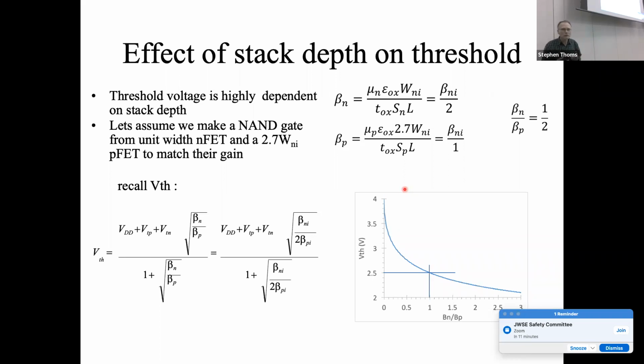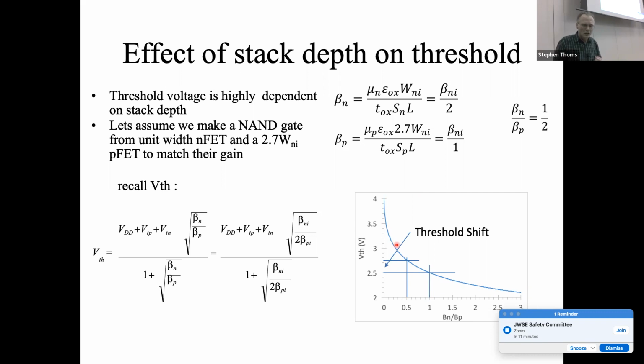We've seen this before. And what happens? Well, there's going to be a threshold shift basically because beta N is now half as big as it was before. So the threshold moves up in this direction here. So that's what you would expect to happen.